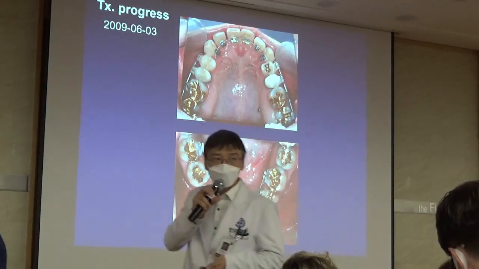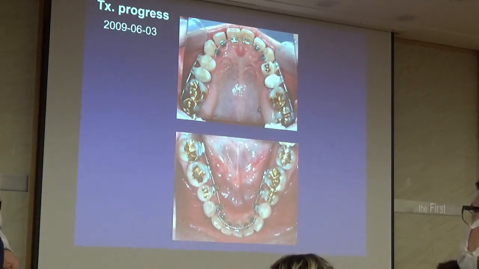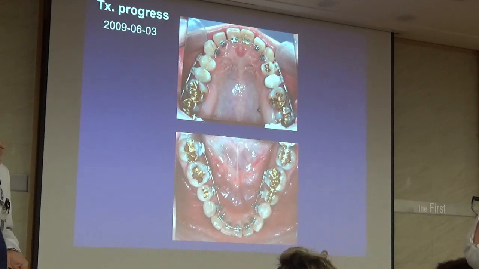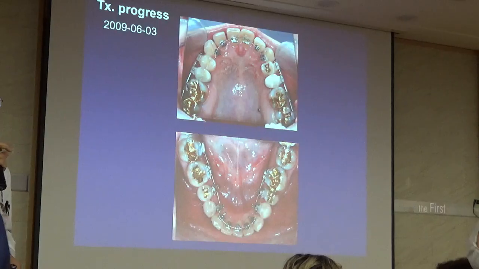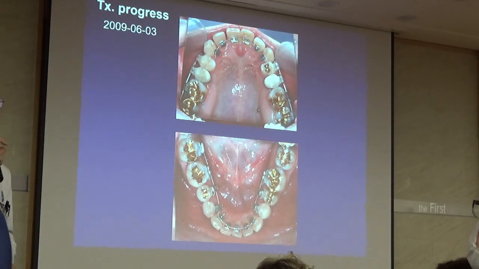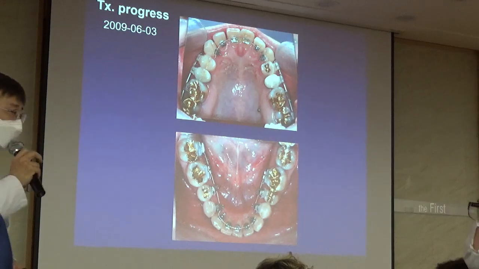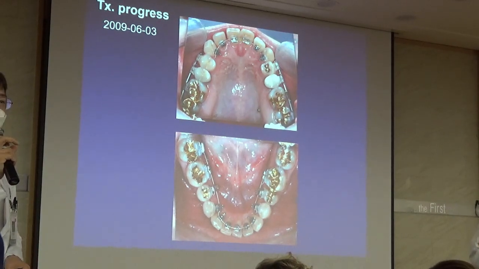You have to understand, all orthodontists in the world must feel guilty. I'm very sorry. All orthodontists in the world, without exception, must feel very guilty because we lose the root, we lose the alveolar bone, we lose the enamel, we create decalcification.